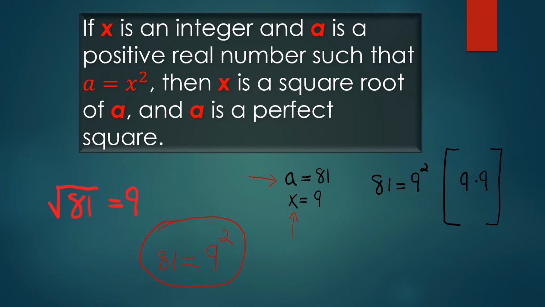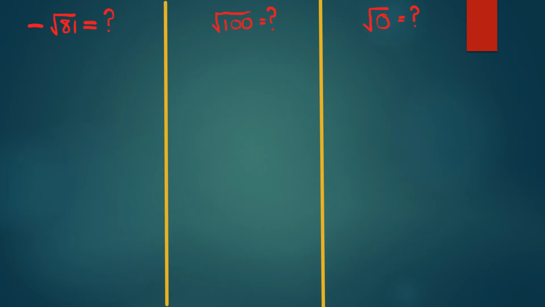So let's get our feet wet. So we have in the first slot negative square root 81. Don't be alarmed by the negative sign. The same procedures, the same method will still take place. The only thing is we just have a negative sign out there on the end. So how about we do this?